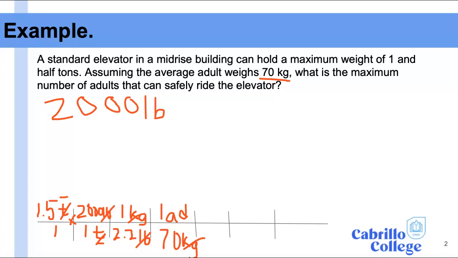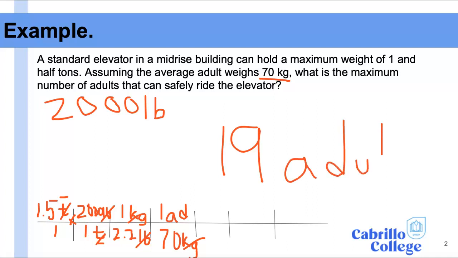So if I do 1.5 times 2,000 times 1 times 1, and then divide that by 2.2 times 70, I get an answer of 19.4 adults. And since you can't have a partial adult, the answer is 19 adults can safely ride in this elevator without it crashing.